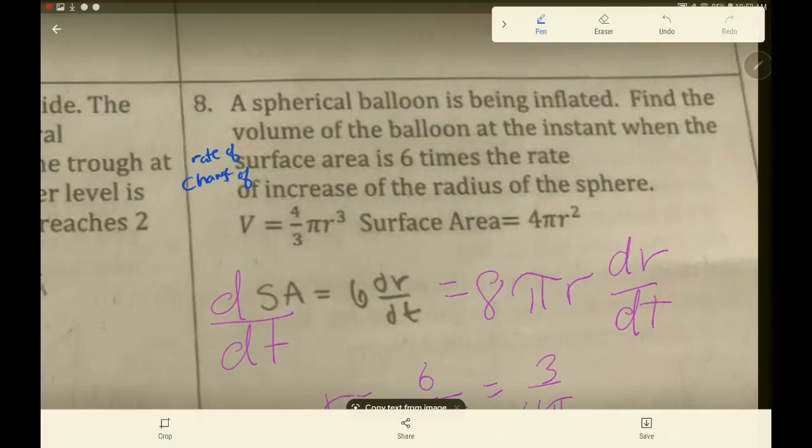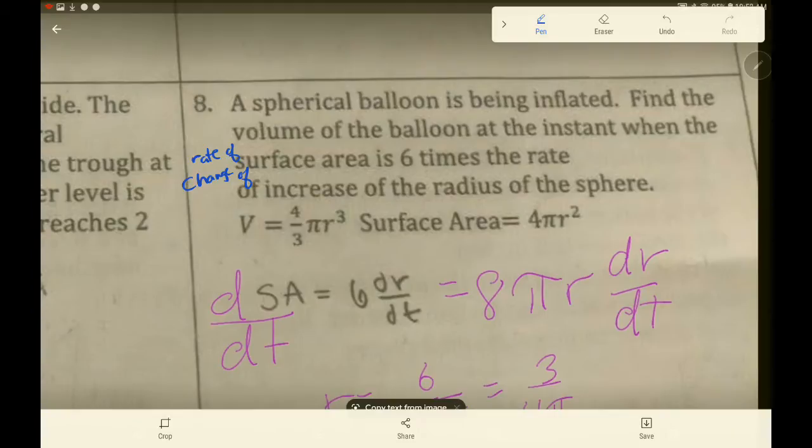The reason this problem wasn't making any sense to me is they don't tell you anything about the rate that the balloon is being inflated. And if the balloon was being inflated very fast, which means the radius was increasing very fast, then 6 times very fast would be a big surface area and it would be a big volume.